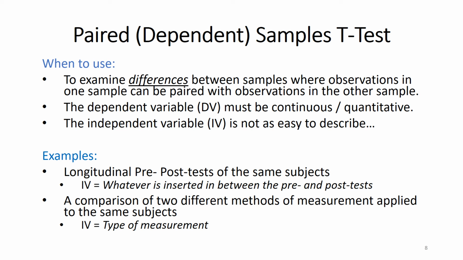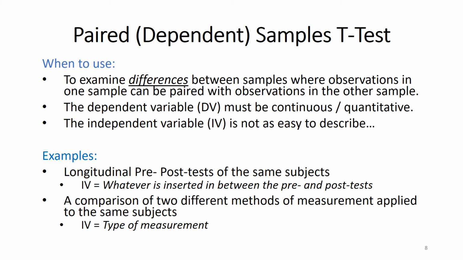On this one, we assume that observations in the 2 groups or the 2 samples, depending upon how you're thinking about it, are paired or correlated or associated with one another. All right, so let's take a quick look at it and we'll go through a couple of examples.